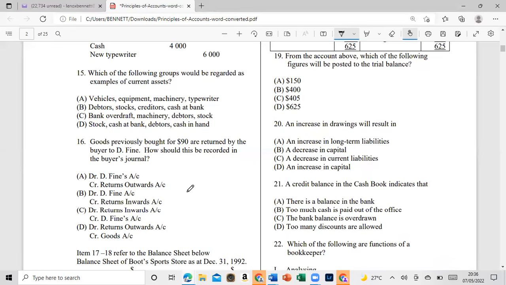Notice this, they are smart, they put creditors in there. So it can't be that. C, bank overdraft, that is when you don't have enough money but the bank still allows the transaction, so it can't be that. It has to be D: stock, cash at the bank, debtors, and cash in hand. I love accounts. It also has critical thinking, guys. They put the creditors in there, but I read it properly.